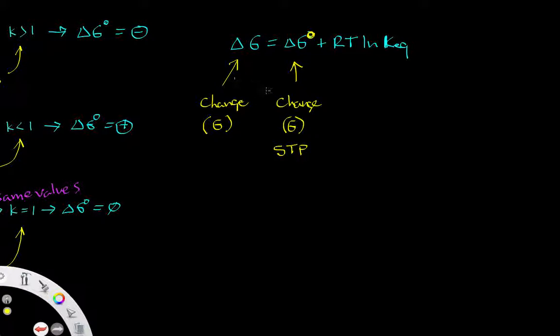But basically now we're into R, and that's going to be the ideal gas constant, and we are going to use 8.314 joules per mole times Kelvin. Temperature will always be represented in Kelvin, and you can easily convert from Celsius to Kelvin simply by adding 273 or 273.15.